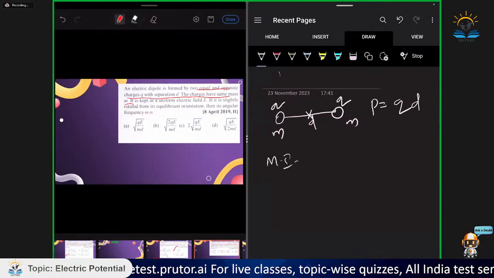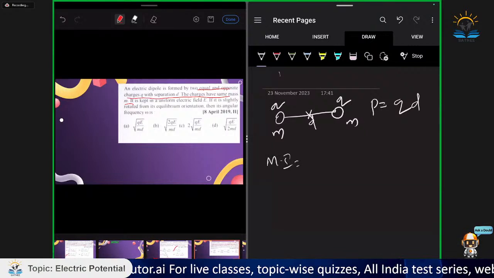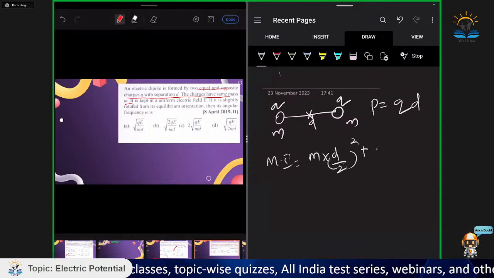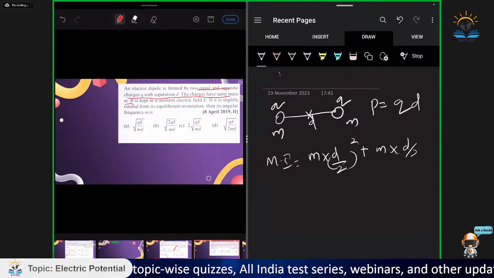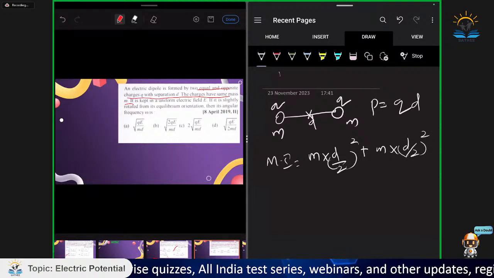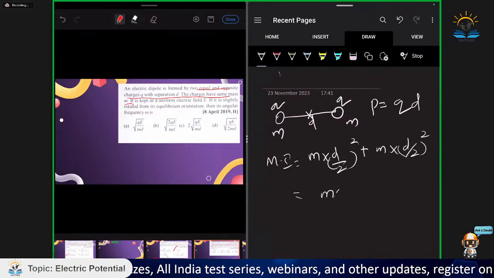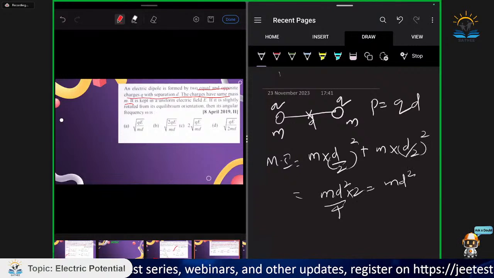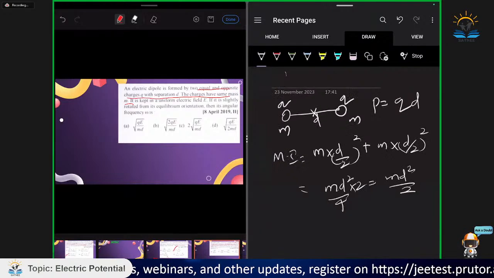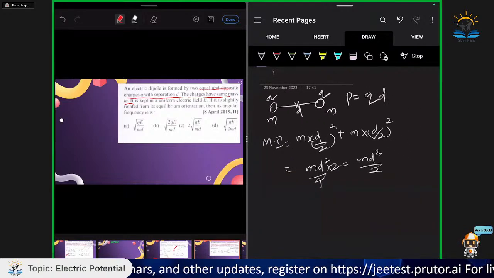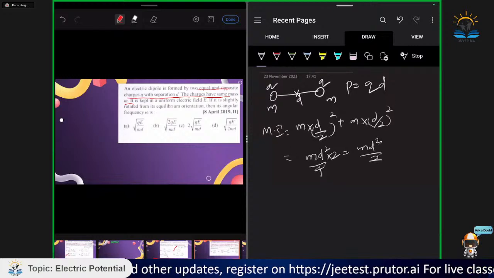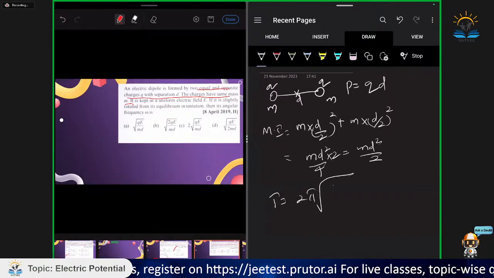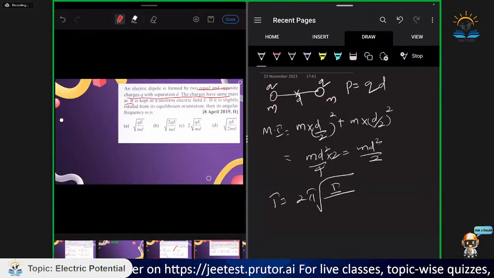Moment of inertia we have to find out for the time period. It will be m into d by 2 whole square plus m into d by 2 whole square, at the center. So md square by 4 into 2, that is md square by 2. So we got moment of inertia and we got p. And we know that time period is 2 pi into root of I by PE.